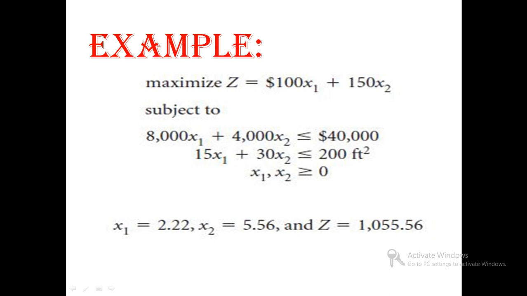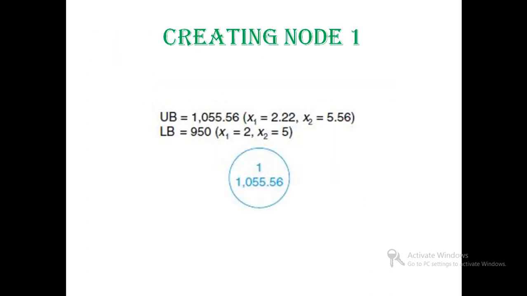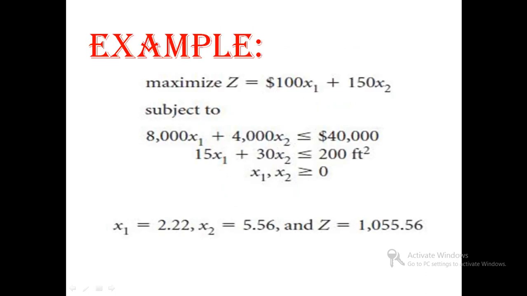Now suppose we put an integer restriction on this problem. Right now your solution is 2.22 and 5.56, and with the integer restriction, obviously we have to lower these values to obtain a lower objective value, because without integer restriction the objective value, 1055.6, is the global optimal value.